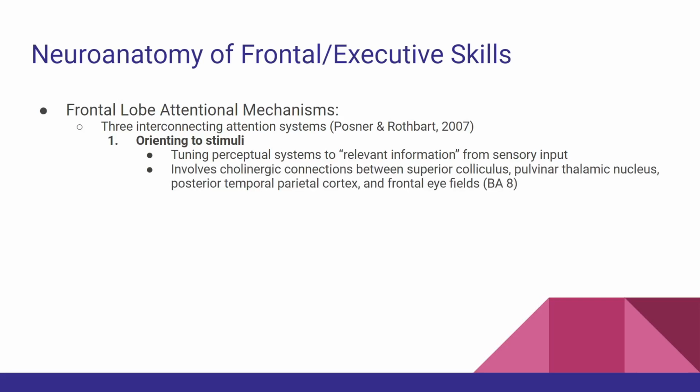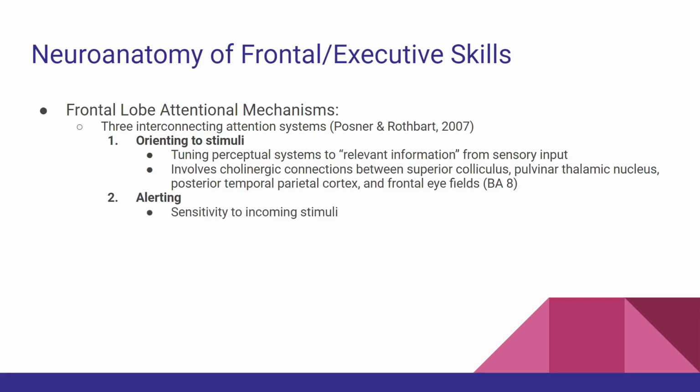And this involves what's called cholinergic connections, or connections utilizing acetylcholine as the primary neurotransmitter between the superior colliculus, which is part of the mesencephalon, and the pulvinar thalamic nucleus, as well as the posterior temporoparietal cortex and frontal eye fields.